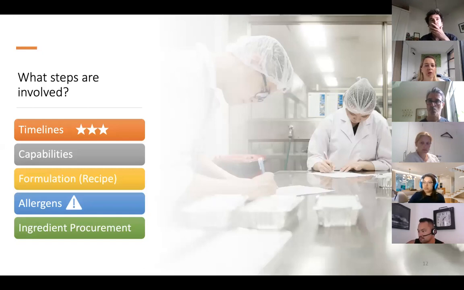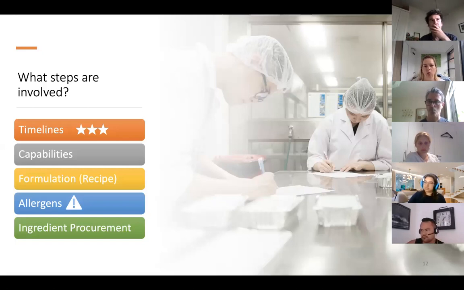We review the formulation or the recipe of the product and put that together, and you need that to do all of the labeling. So you think about your health stars, your ingredients lists, how many calories are in something. That all comes from that formulation. And then a really big one which comes into it is allergens, and managing those allergens. It's a huge area.